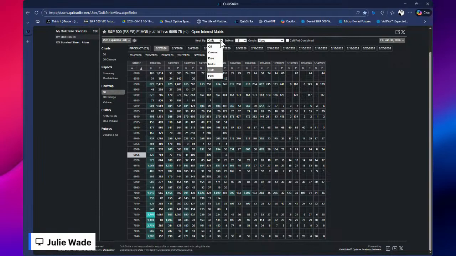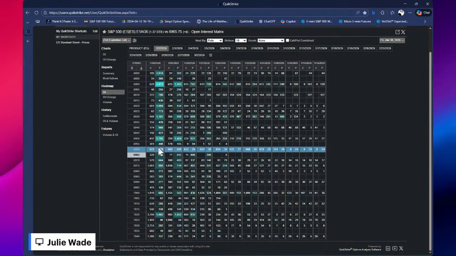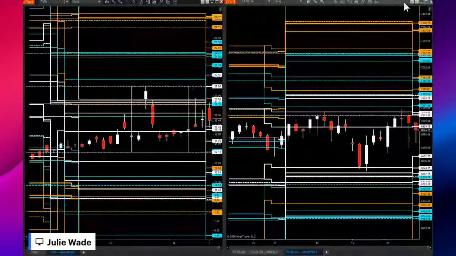So if we want to take just a look at the puts, you can see they're below up here, and it looks like that 69.50 is the first support. Maybe 69.30 if it breaks, or 69.20, and then definitely 6,900, but it looks like 69.50 for that first support area.